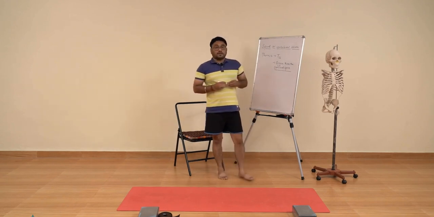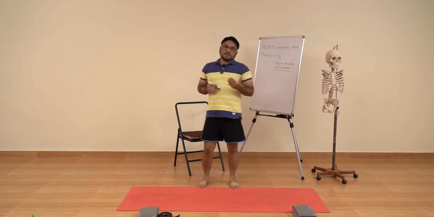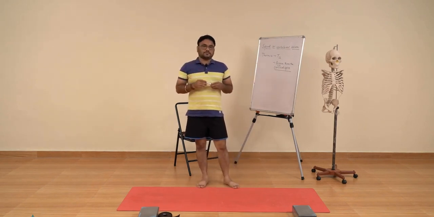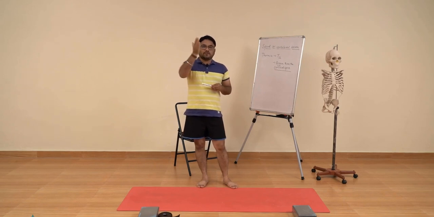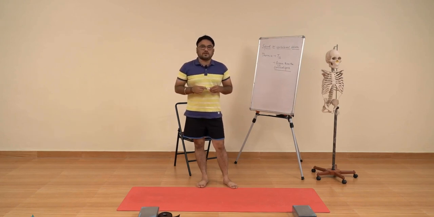This component, the thoracic, also has a natural curve that we call the kyphosis. The natural curve of the thoracic spine is the kyphotic curve.